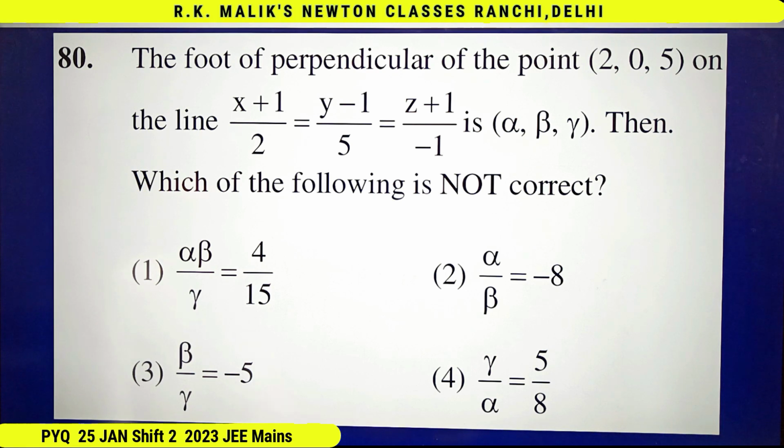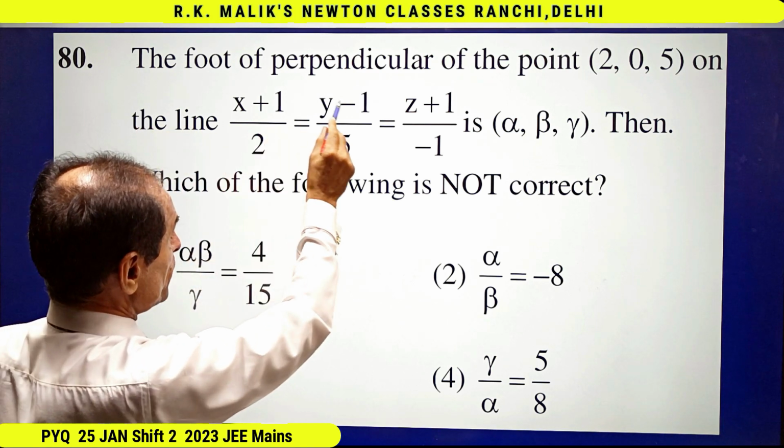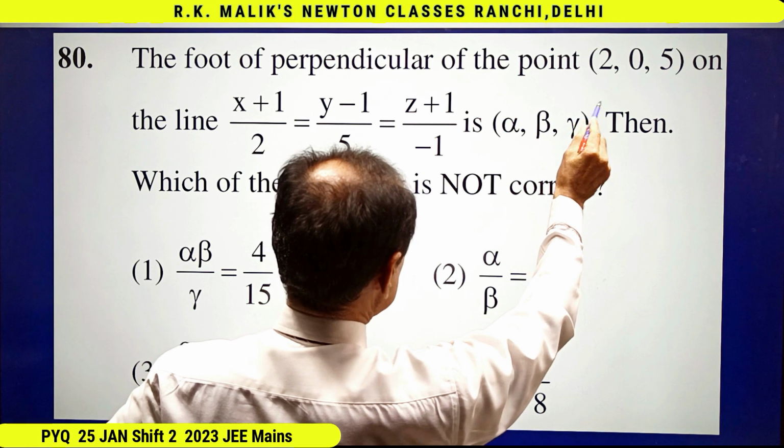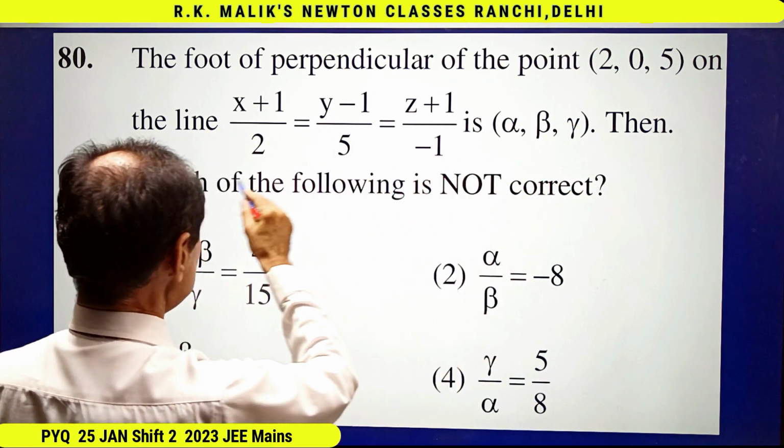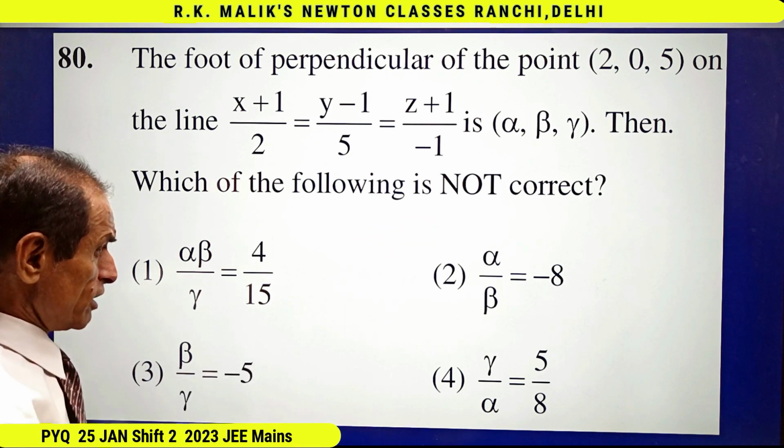In this question, it is given that the foot of the perpendicular of the point (2, 0, 5) on the line is (alpha, beta, gamma), then which of the following is not correct?